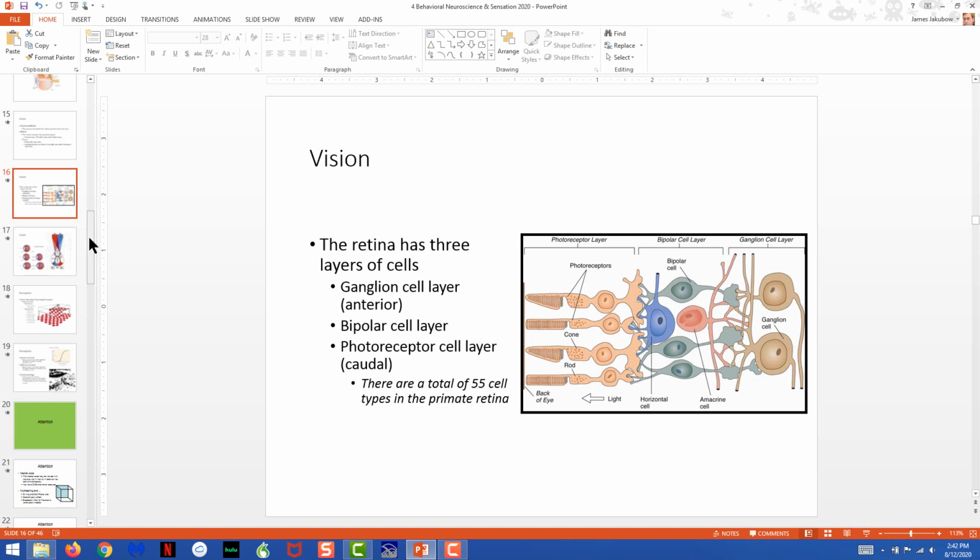But if light hits a rod, there's a grouping of rods that may have been hit, and so some of the visual acuity is actually lost as that group of rods sends its signals to one single ganglion cell.